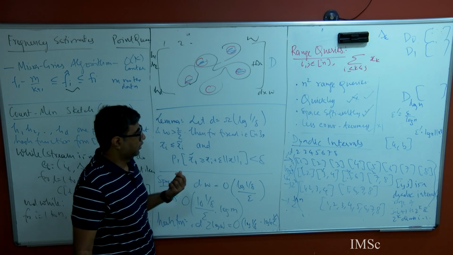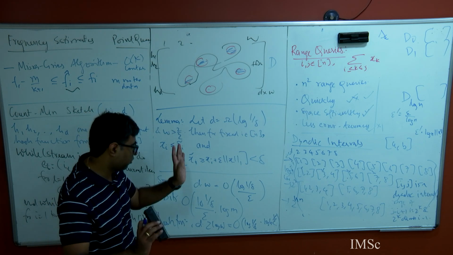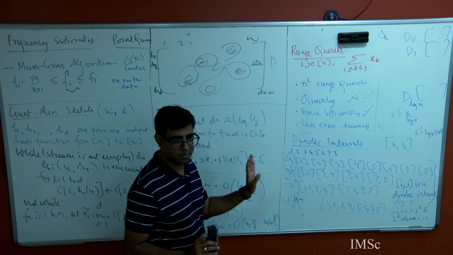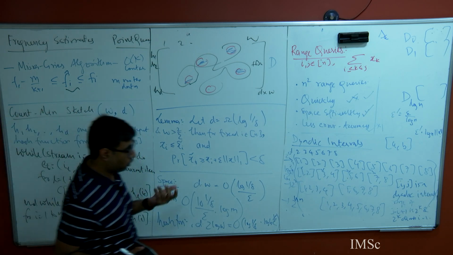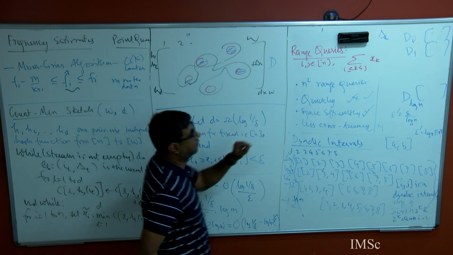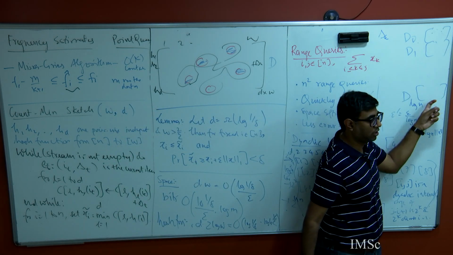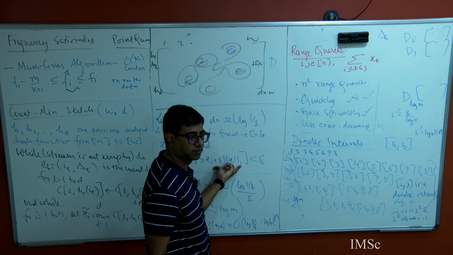Now, are you getting the ideas? I'm not going to write complete details, but this is how the ideas are. What is clear is that if I apply this lemma for each of the counters, the error is within epsilon times the 1 norm, whatever epsilon I apply.